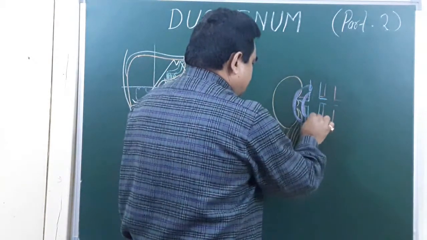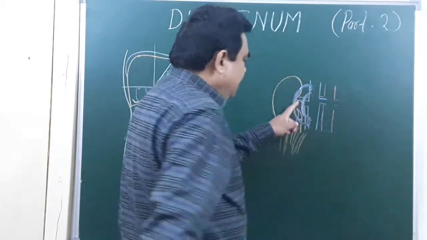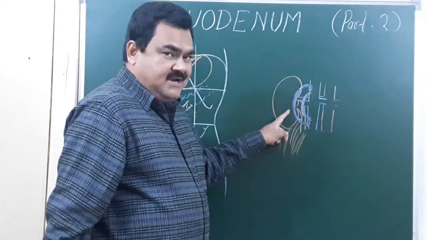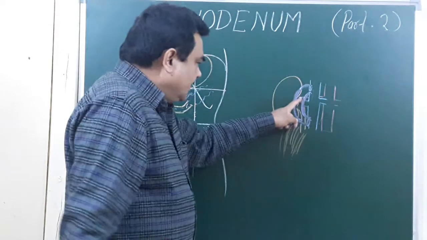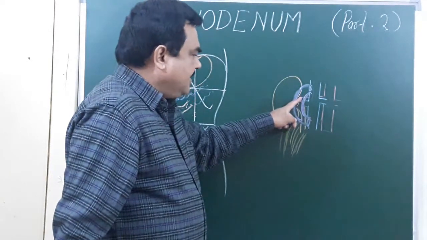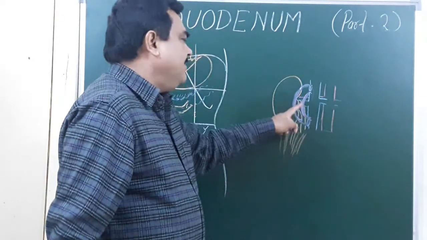So you can see this relation of the second part of the duodenum. It is related with the anterior surface of the right kidney near its medial border. There are right renal vessels, renal vein and artery, and also some part of the inferior vena cava.